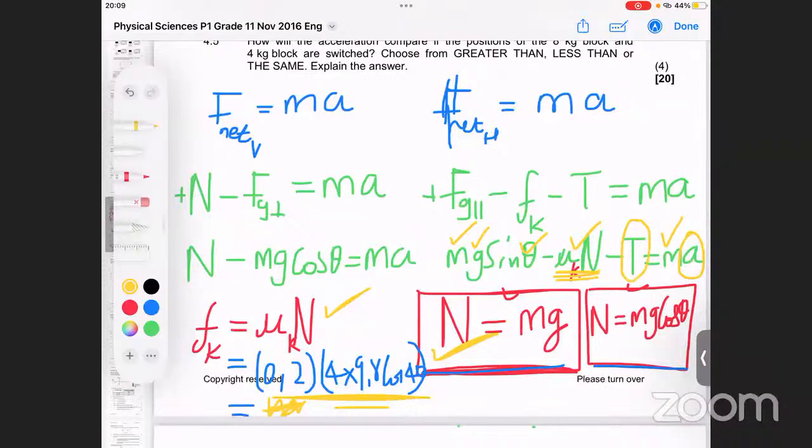Now we have two unknowns in that equation. Can you see? Sir, can't you use simultaneous equations to solve for acceleration then? But why would you then have to apply the simultaneous approach?